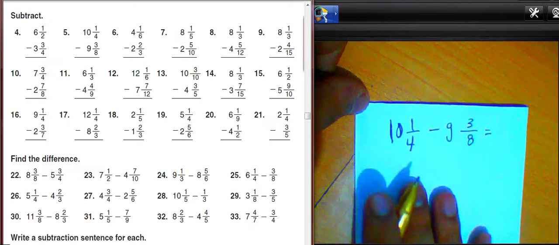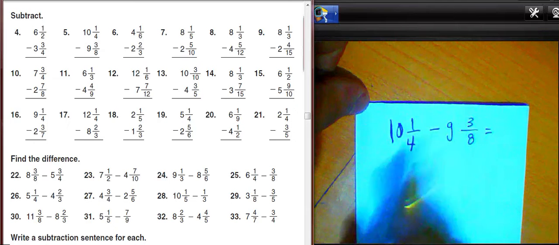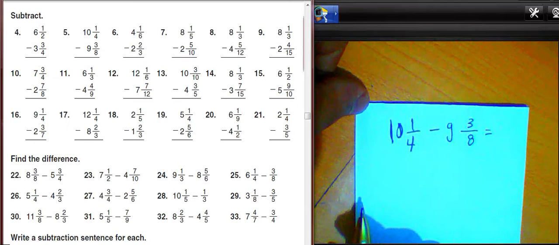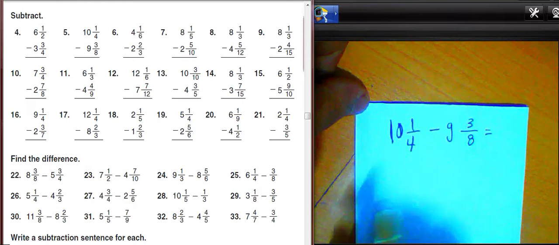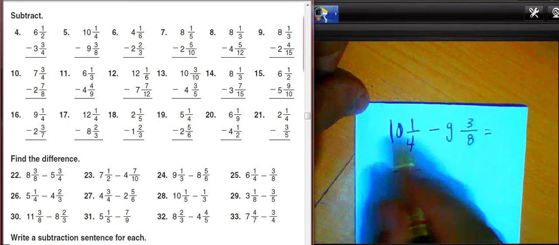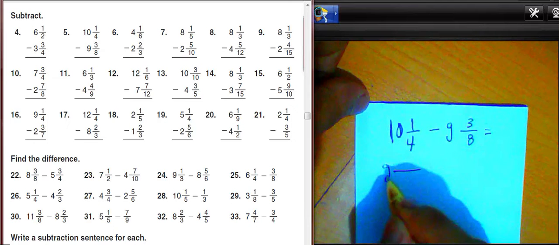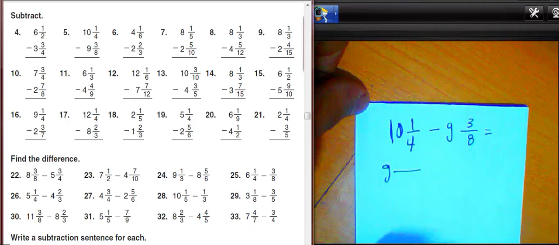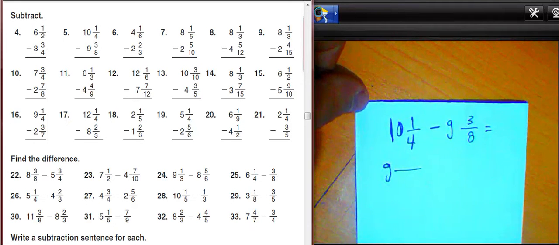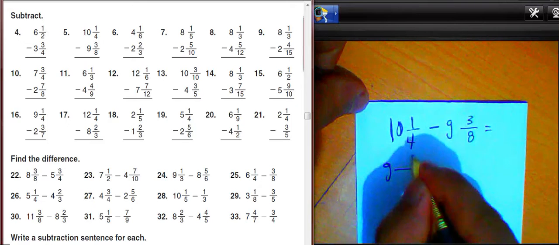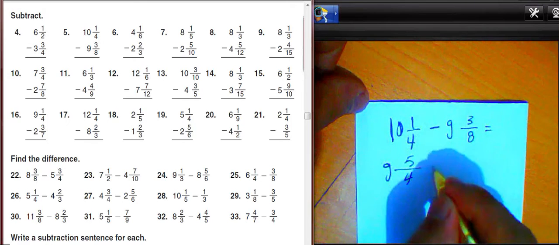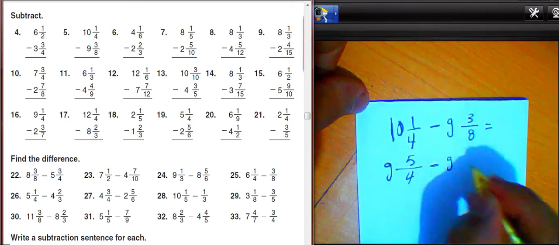Look at this question. 1 subtract 3, we can't do it, but we can convert by borrowing 1. Borrow 1 from 10, it will be 9. 1 will be 4 over 4. 4 over 4 plus 1 over 4 equals 5 over 4. Subtract 9 and 3 over 8.